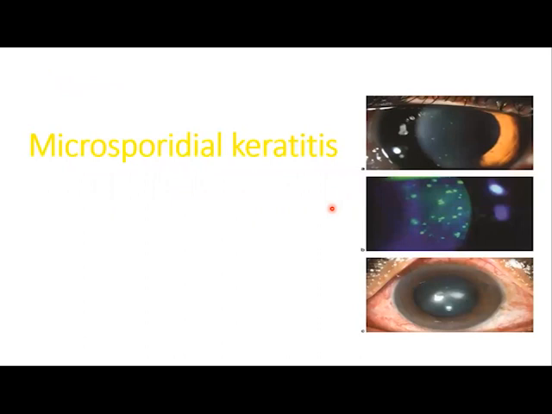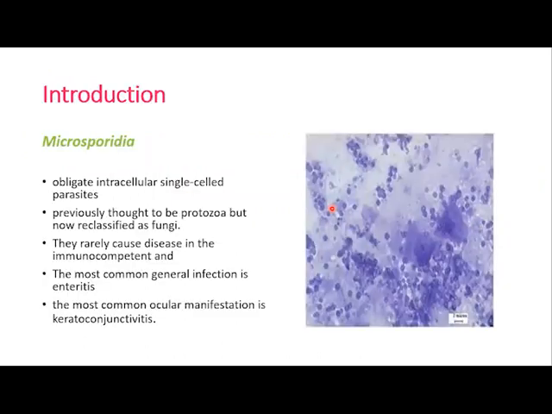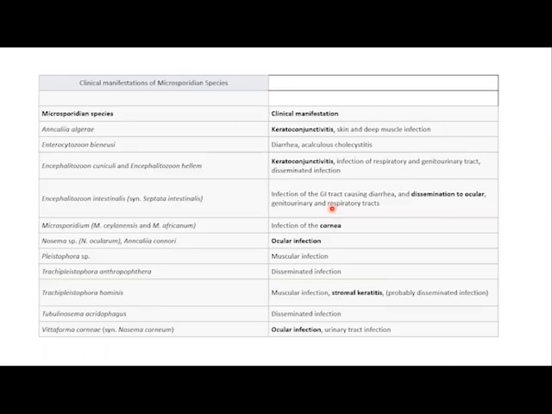Next is microsporidial keratitis. Microsporidia are obligate intracellular single-celled parasites. Previously thought to be protozoa, they are now reclassified as fungi, and they rarely cause disease in the immunocompetent. The most common general infection by microsporidia is enteritis. The most common ocular manifestation is keratoconjunctivitis. This is the classification of microsporidia species according to clinical manifestation.